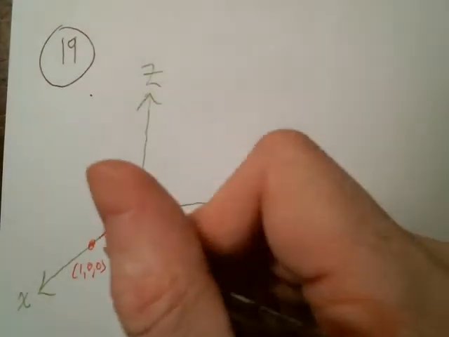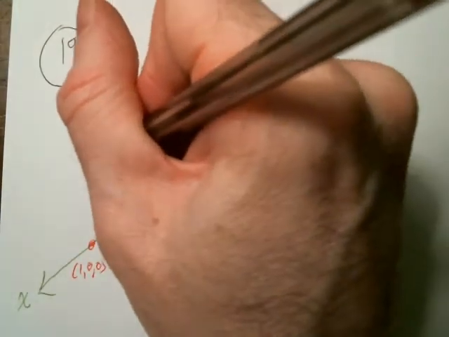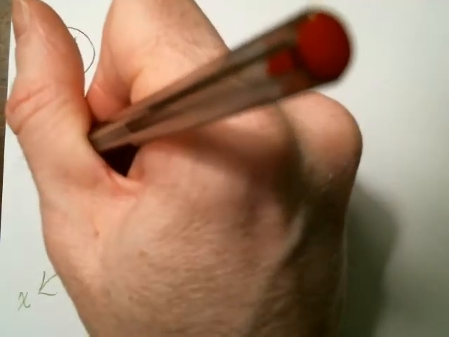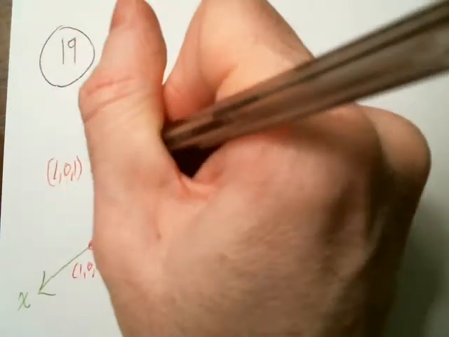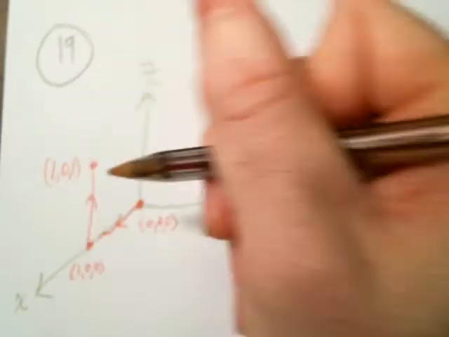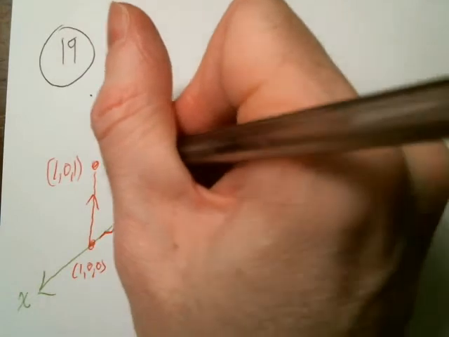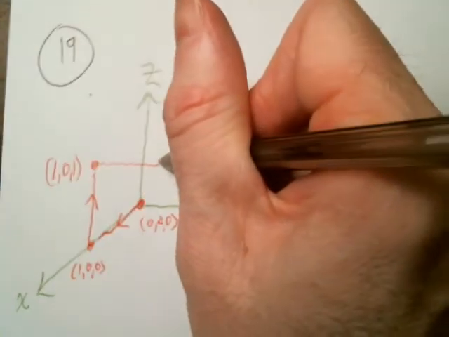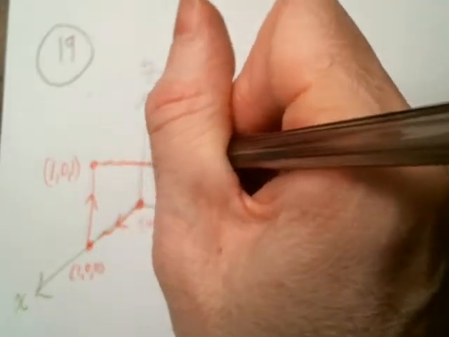The second curve is going from (1, 0, 0) to (1, 0, 1). And then the third curve is going from (1, 0, 1) to (1, 1, 1).